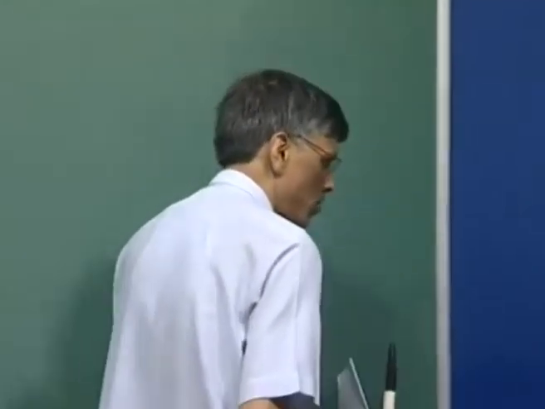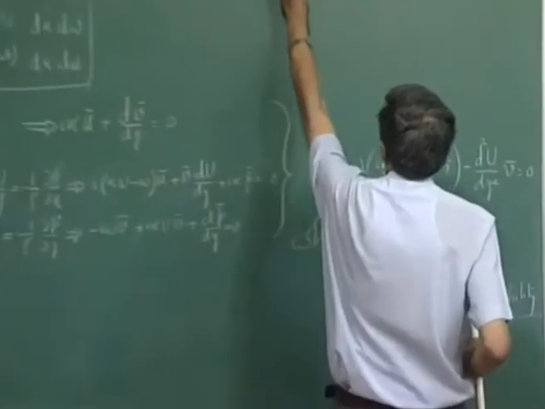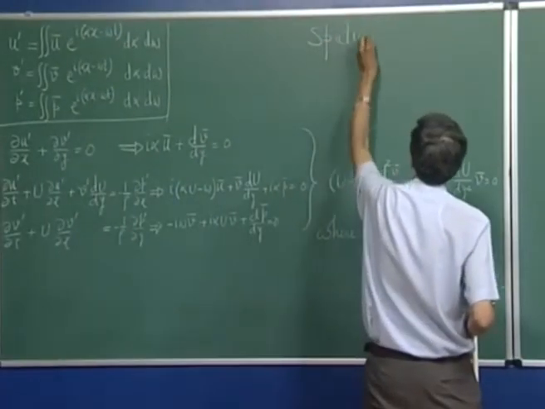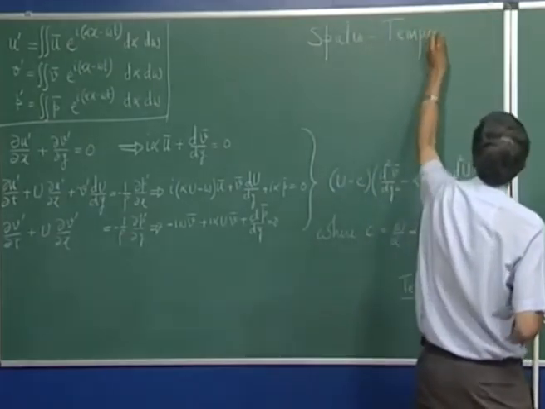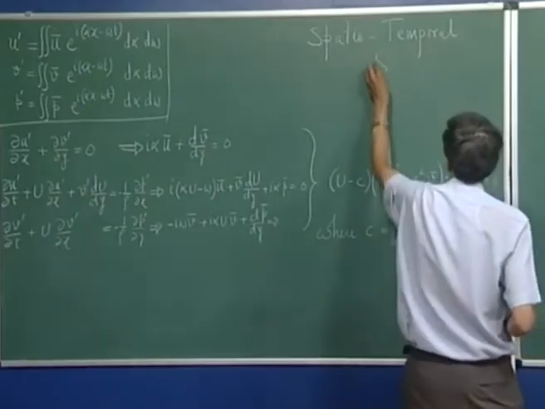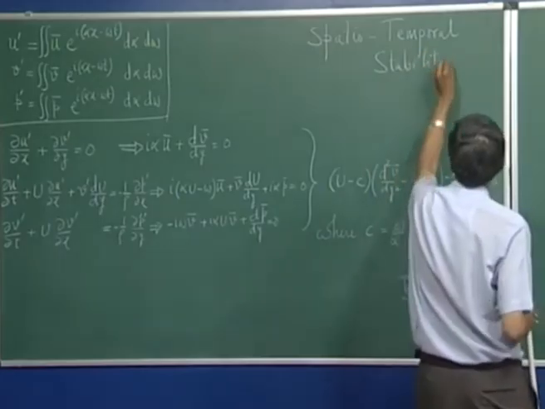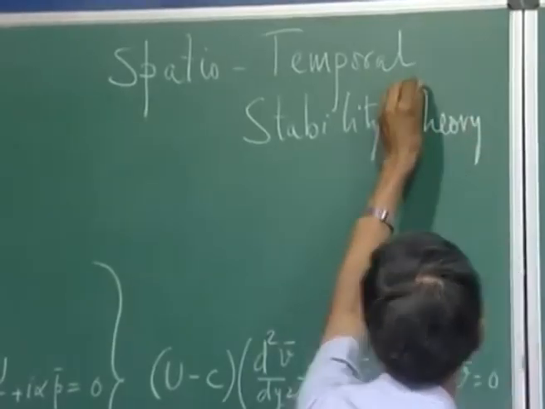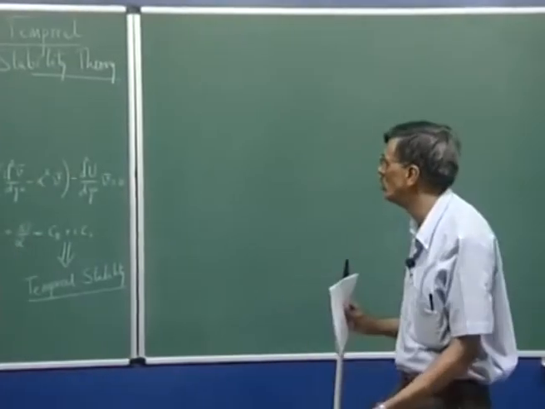That means the space and time are simultaneously varying for the disturbance quantity, and the corresponding study will be called the spatiotemporal stability or instability theory. And that is somewhat involved. It is not so easy to tackle.